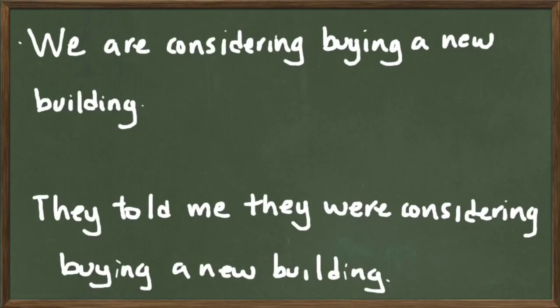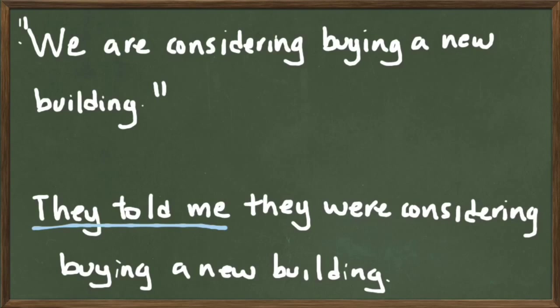Now, the next one. "We are considering buying a new building." Now, this is the original sentence. I forgot to put it in quotation marks, just to make sure we understand it's the original sentence. We're going to report. Let's say that some people told me, so we're going to use the expression told me. So we have our reporting expression, they told me.